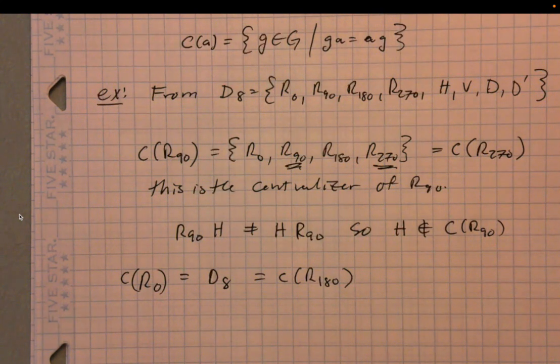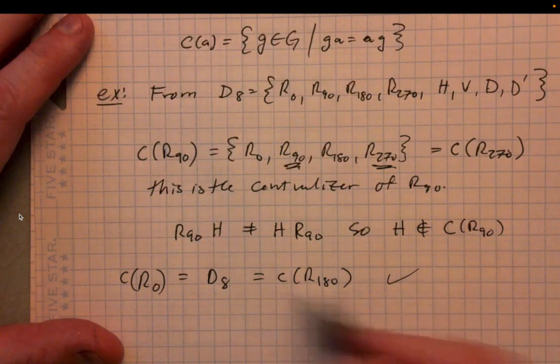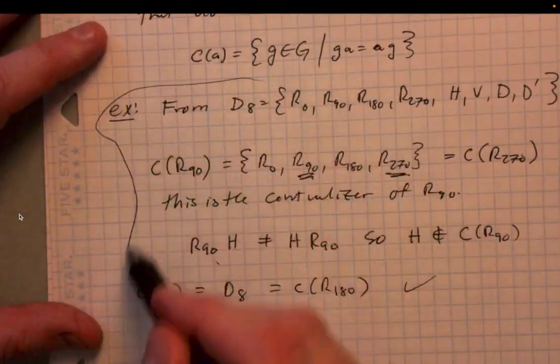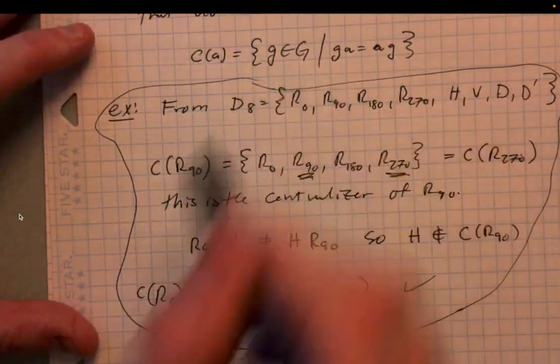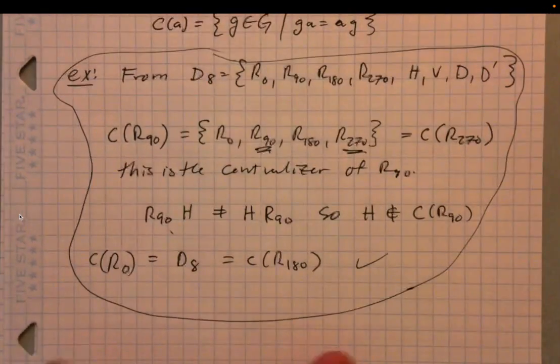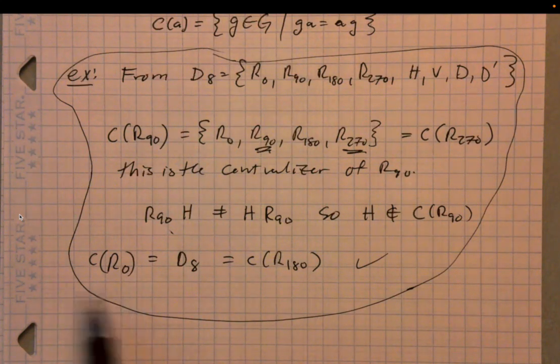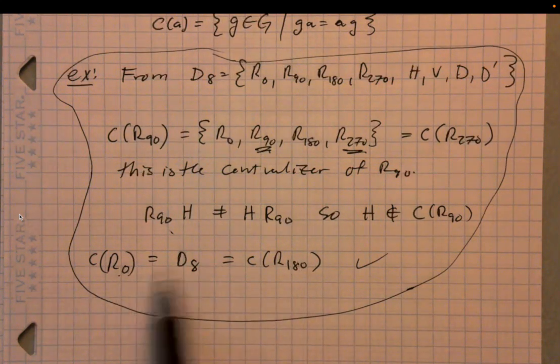I would recommend people go back and look at this, because it's an interesting example. If you go back to that day one lecture, we built out an entire operation table, and you should have that in your notes. Just go back and confirm that these two rotations commute with everything, but the 90 and the 270 commute only with the rotations and none of the flips.